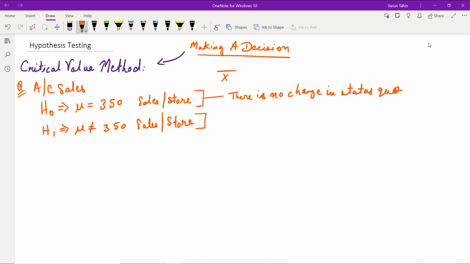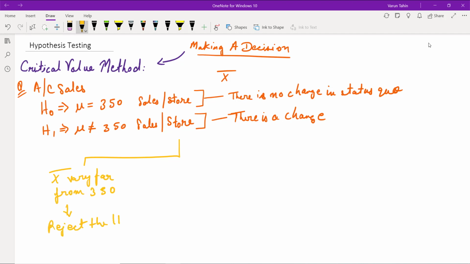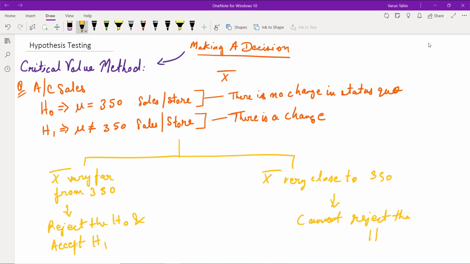And if the sample mean is not equal to 350, then there is a change. So there can be two cases here. If the sample mean is very far from 350, then we reject the null hypothesis and accept the alternate hypothesis. But if the sample mean is very close to 350, then we cannot reject the null hypothesis.